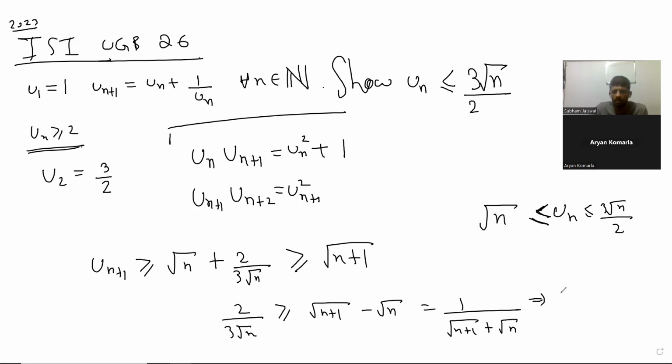But we need to show that root n is less than or equal to un. That is what I'm doing. I'm trying to show that un plus 1 is bigger than root n plus 1. So that I'm checking here.